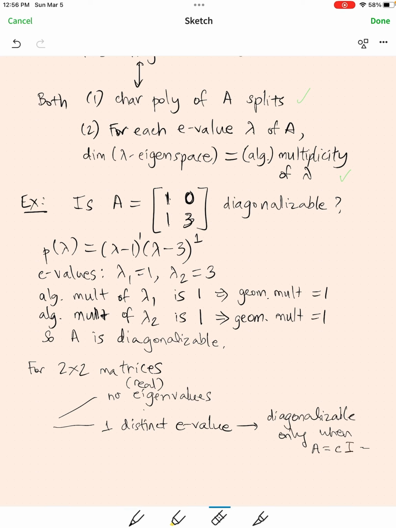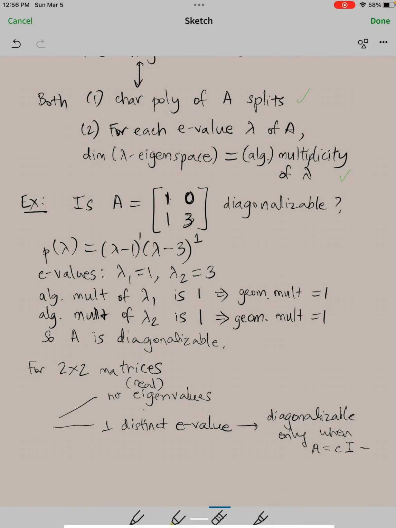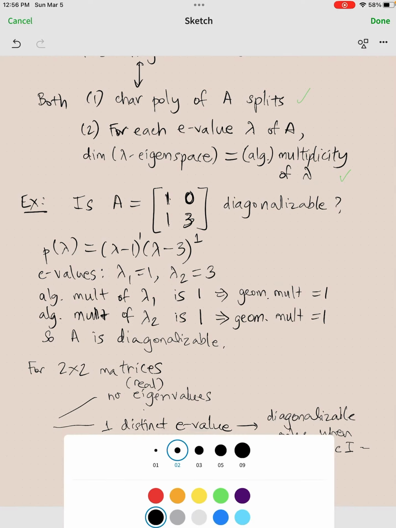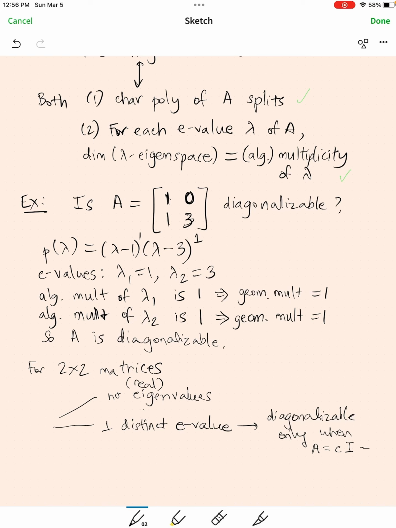Let's say that the eigenvalue is C. Then the only way your matrix can be diagonalizable is if it's just C's along the diagonal and everywhere else it's 0.